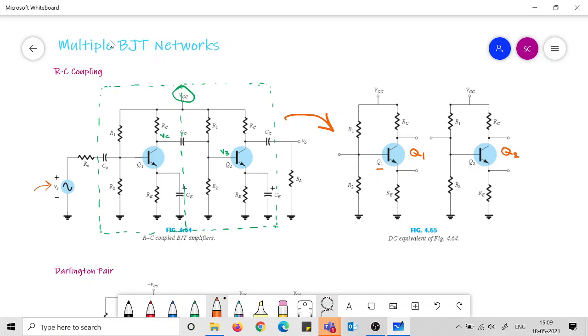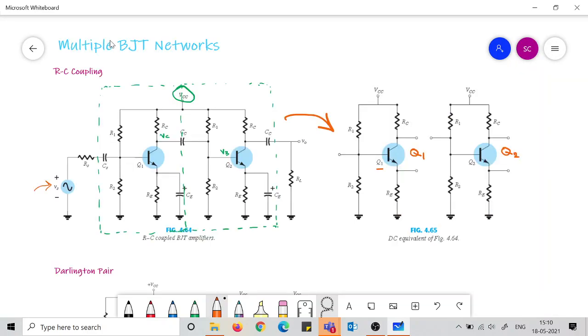Now this AC signal will come to the input of this second network, not the DC. The DC does not come, but the AC comes. Why? Because for the AC, this capacitor acts like a short circuit. So the AC output signal comes here as the AC input signal of the following network, of the second network.